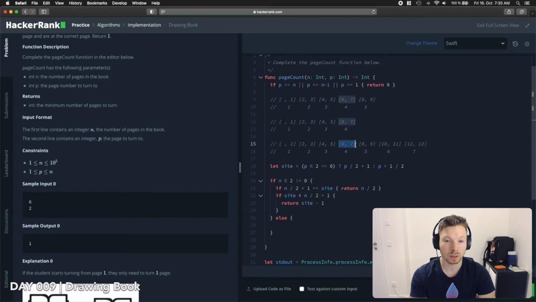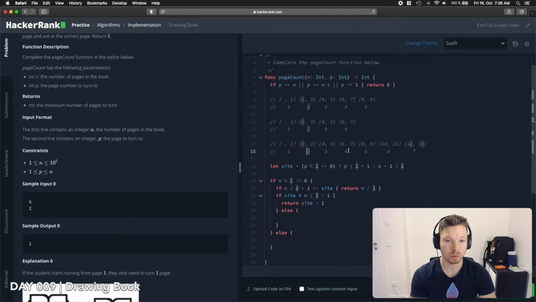And if the page is smaller, like 3, then we have 3 minus 1 is page turns, 1, 2 turns. Okay, but if it's bigger, it could be smaller, it could be even here. Then it's side minus 1, it's 1 turn, that's fine.